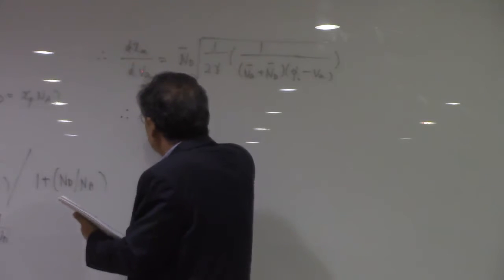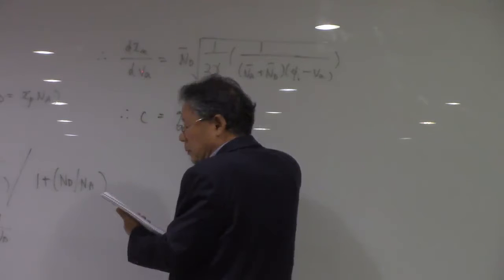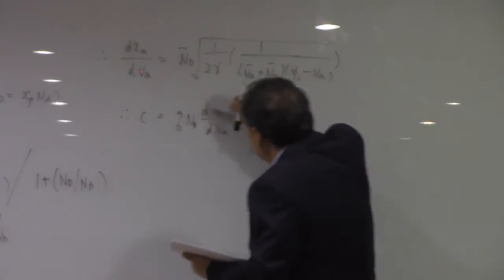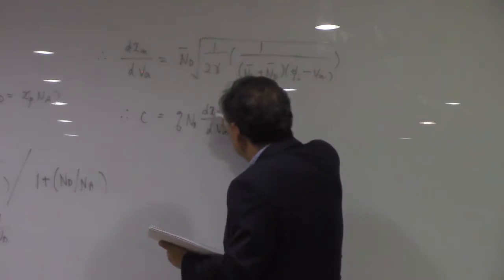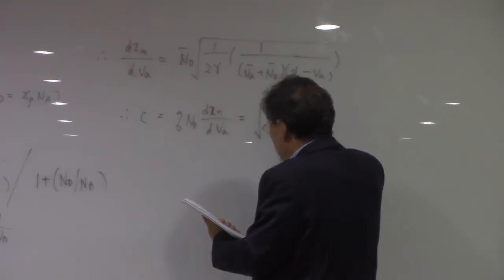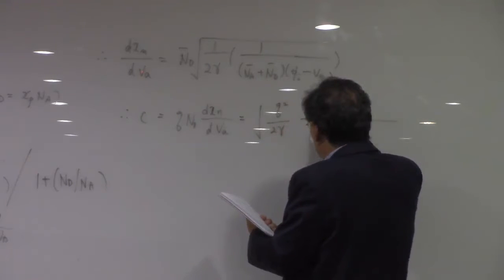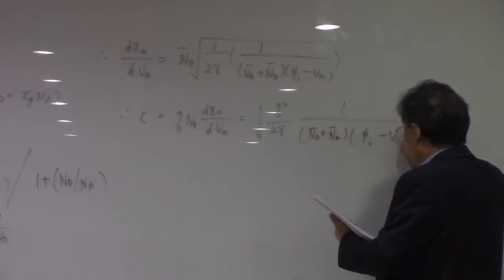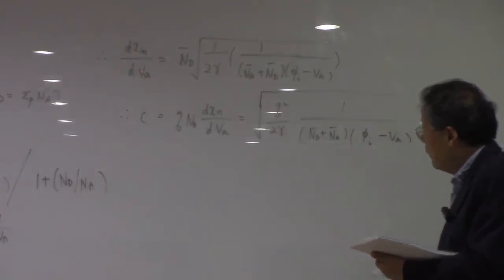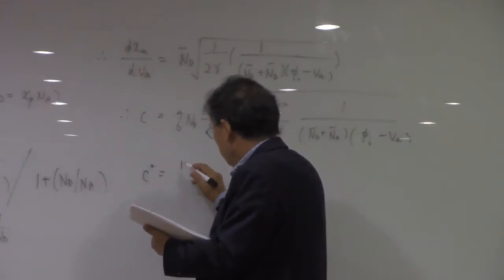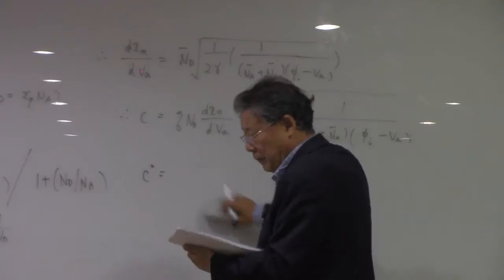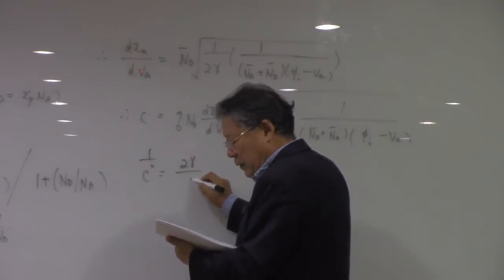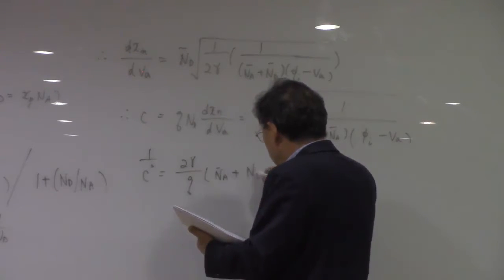So the capacitance finally can be expressed. All right, and if you have a C square, if you have a 1 over C square, then you can have the equations just like this.